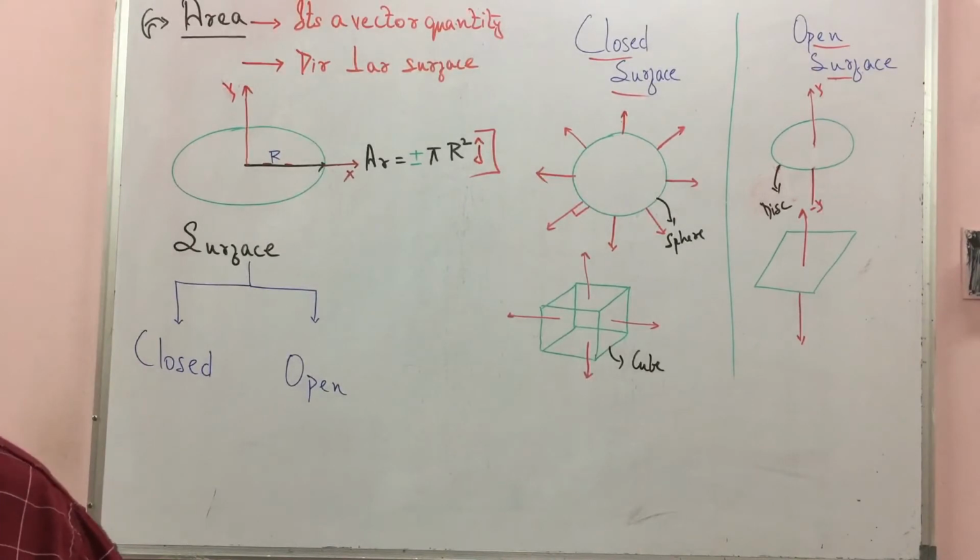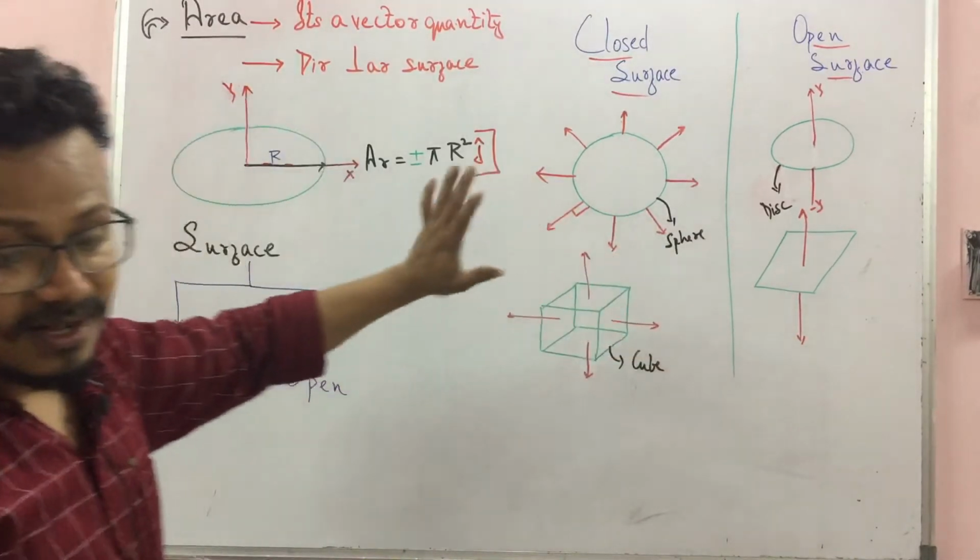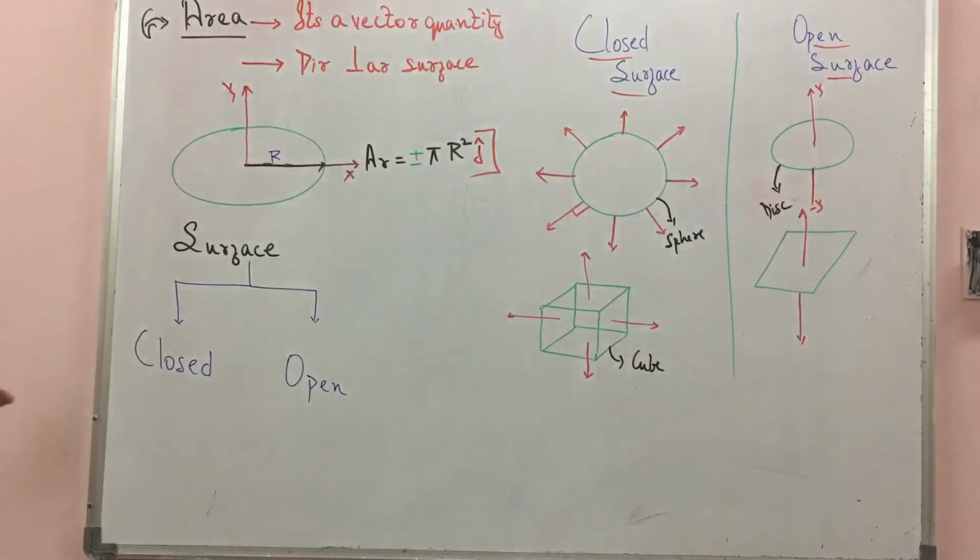This is the vector form. For an open surface, we consider one perpendicular direction for the area vector direction and stick to it for the whole problem, though it can change also.